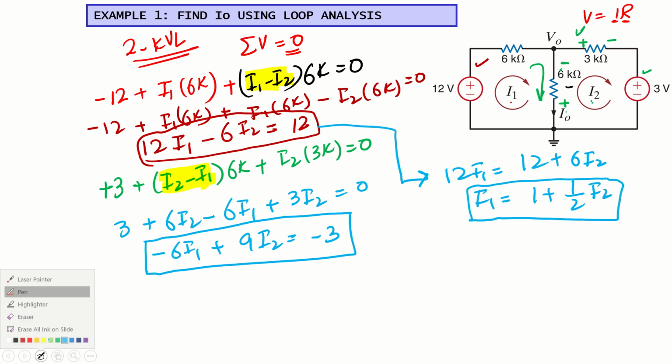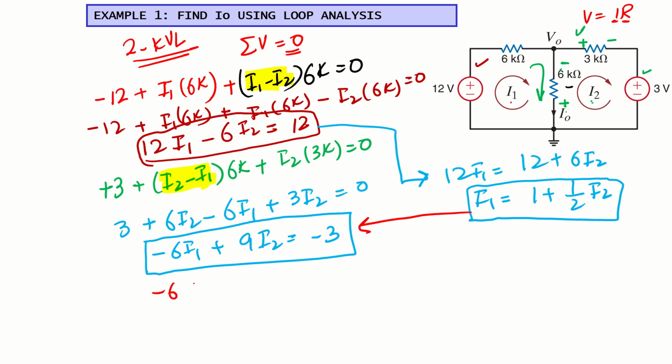Okay, so I can plug this one within this equation. So I have minus 6 times of I1. I1 is what? 1 plus 1 over 2 times of I2 plus 9 times of I2 is equal to minus 3. So it means this will be what? If you just do the multiplication, minus 6.